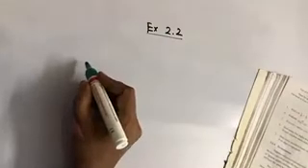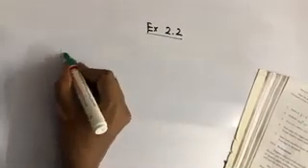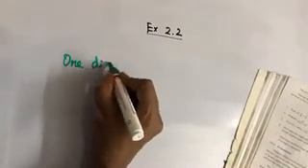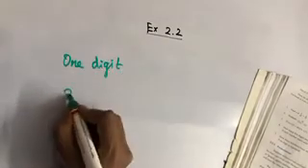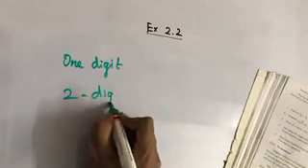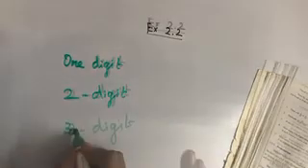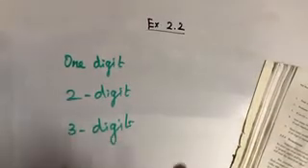Fifth one, how many numbers lesser than 1000 can be formed using the digits 5, 6, 7, 8 and 9 if no digit is repeated? Lesser than 1000 means one digit numbers will also be there, 2-digit numbers are also there, and 3-digit numbers are also here.